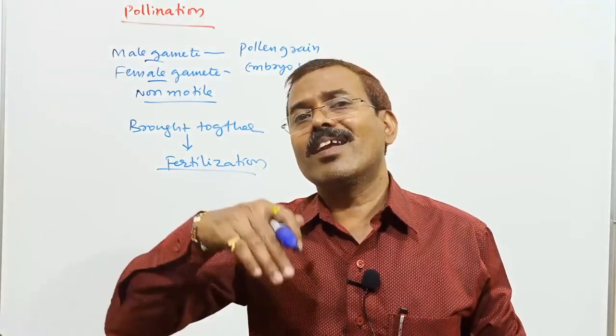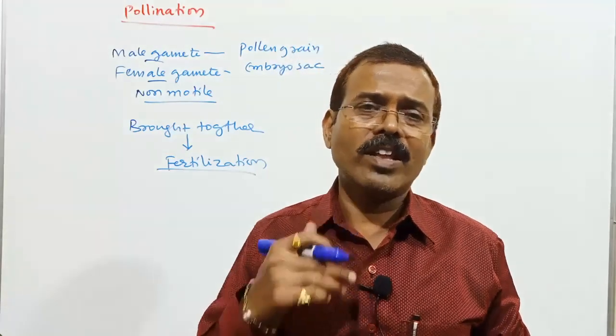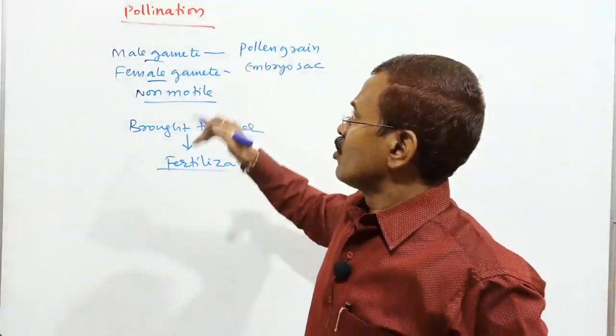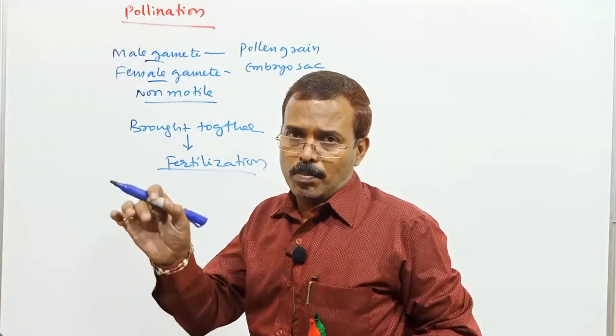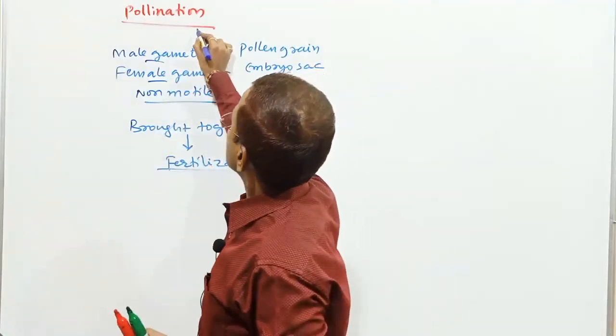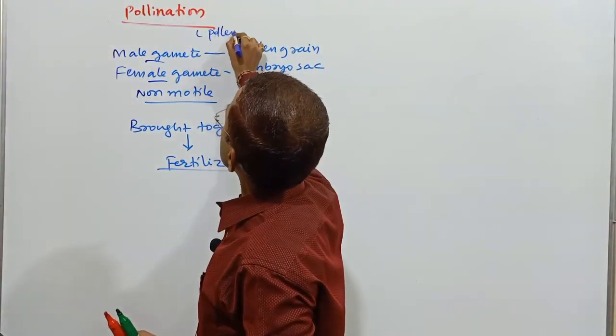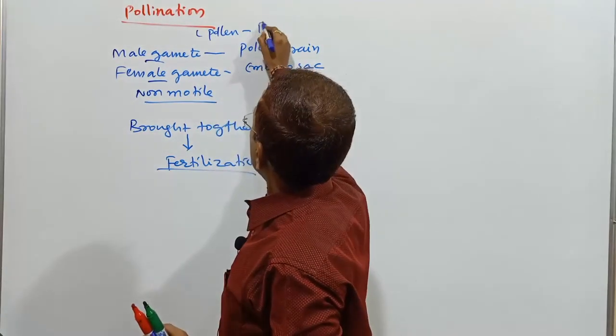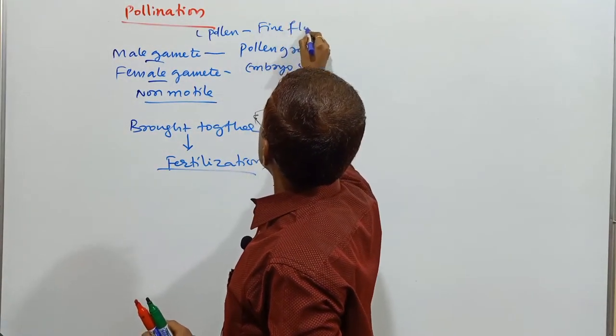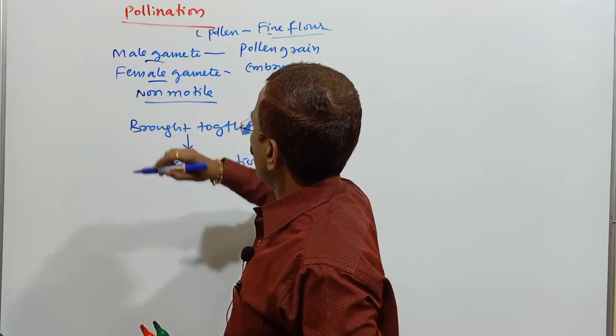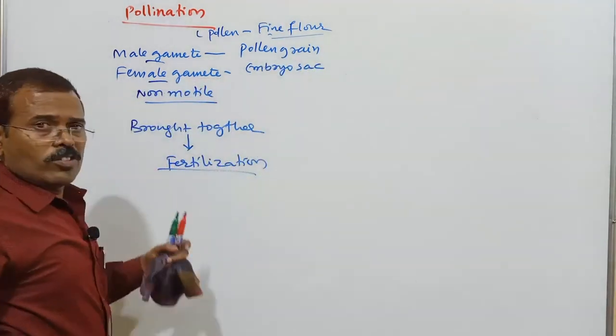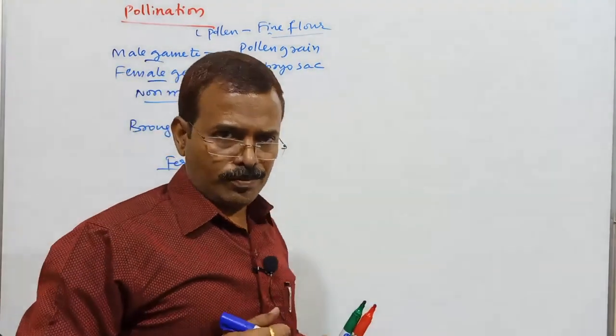Then only that can lead to fertilization. Otherwise there will not be fertilization. The term pollination is derived from the Latin word pollen, meaning fine flour. What is this pollination?